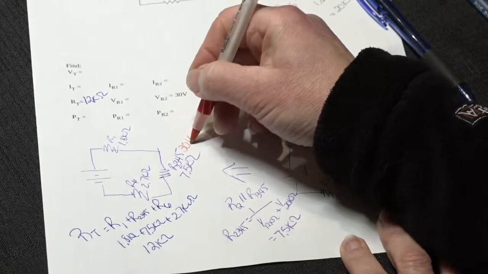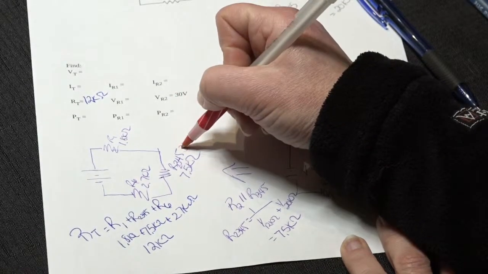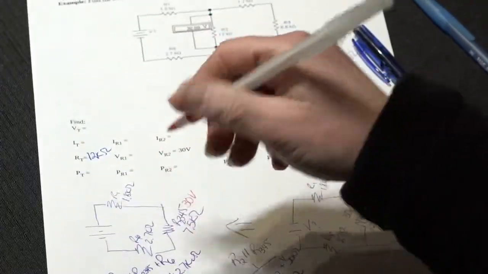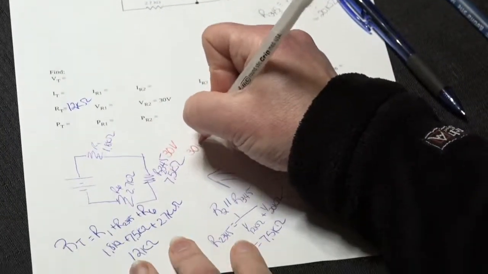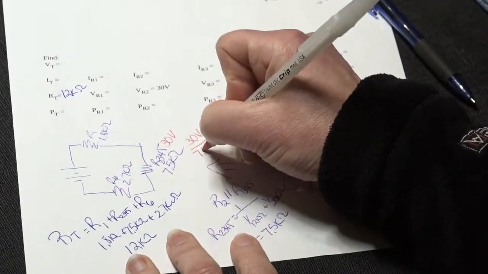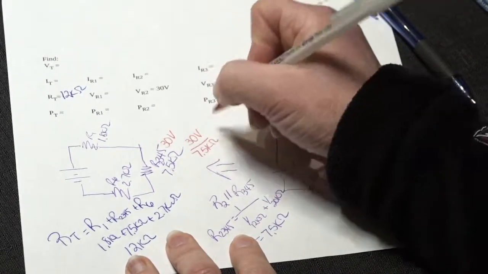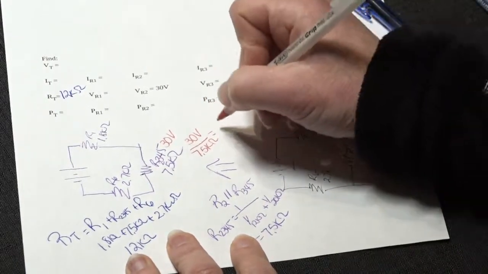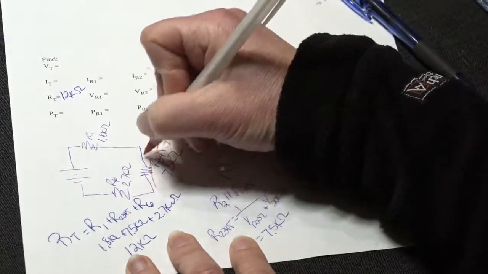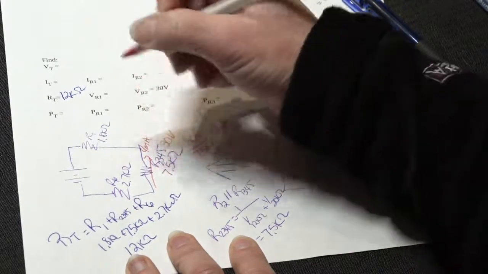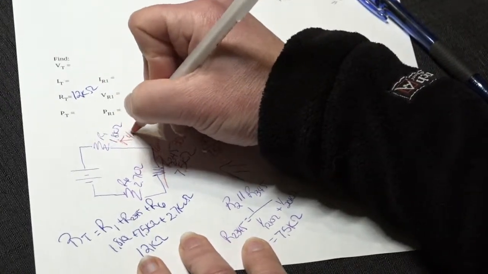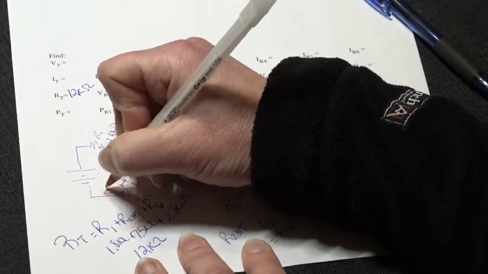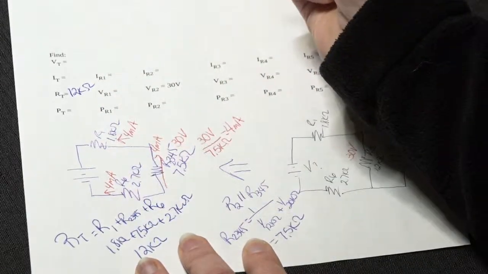So because we have 30 volts here, we can apply Ohm's law, and 30 volts divided by 7.5 k ohms gives us 4 milliamps. So that means that if we've got 4 milliamps going through here, we've got 4 milliamps going through there and 4 milliamps going through there.